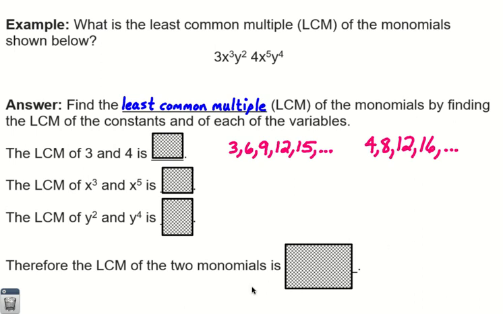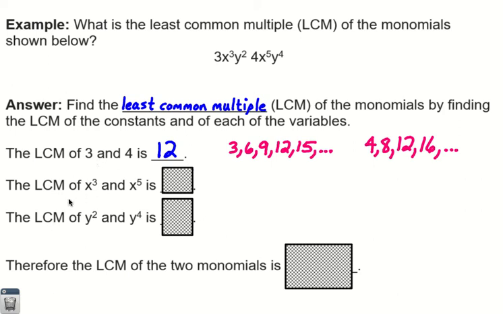Now we have to find the multiples they have in common. More specifically, what's the least common multiple? What's the smallest multiple that they have in common? If you compare the lists, the smallest multiple they both have in common is 12. So the LCM of 3 and 4 is 12.